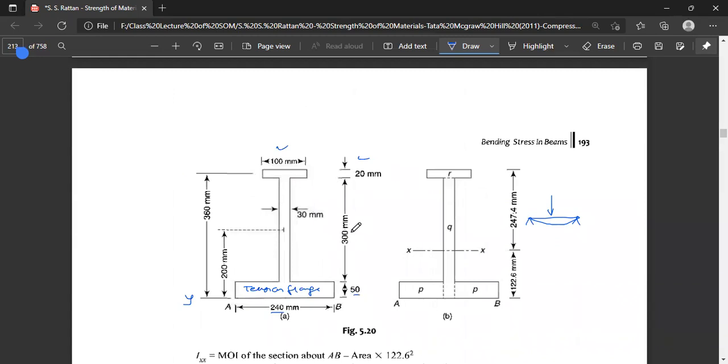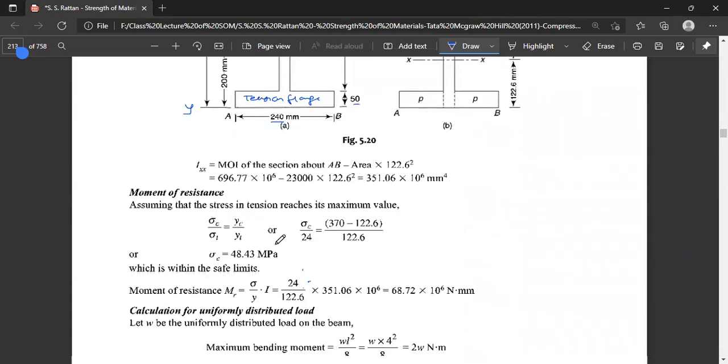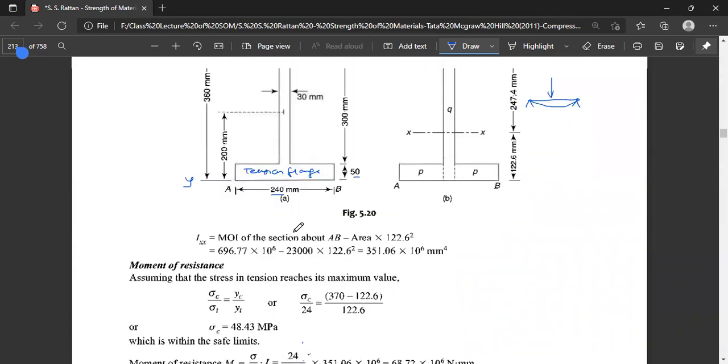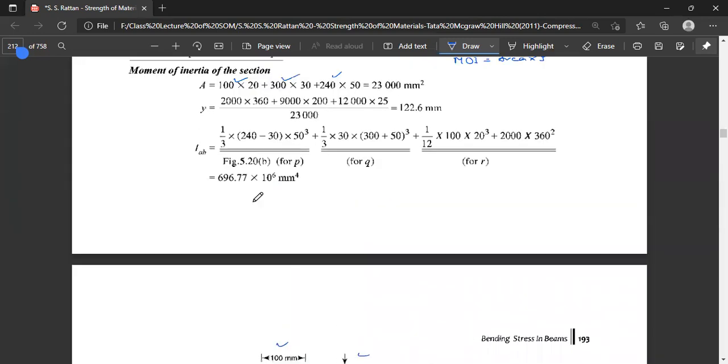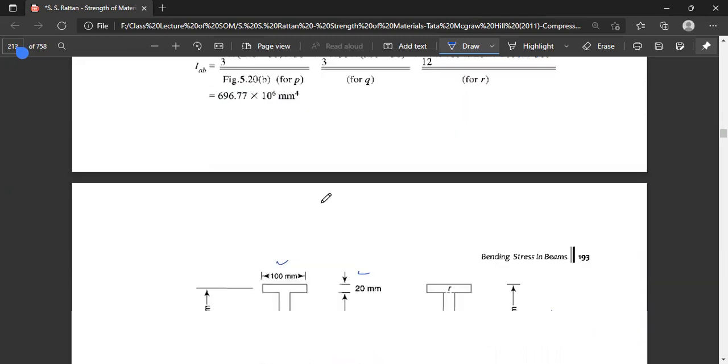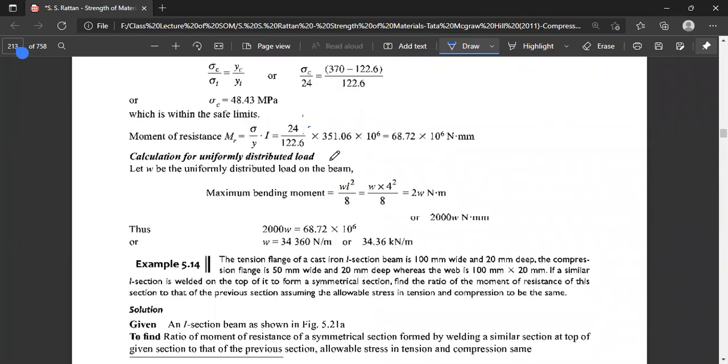And the distance from the x-axis from Y is given here. We have just calculated 124, that is the distance of Y. So the distance from X is given by the difference between this Y.